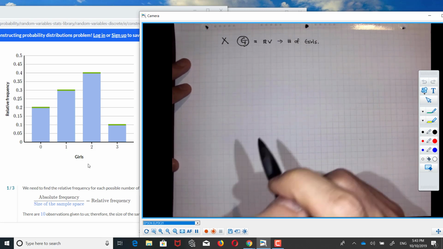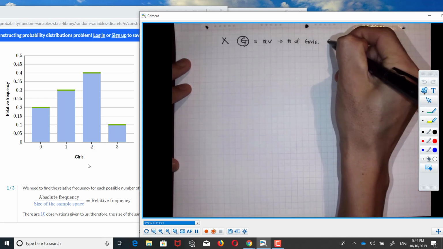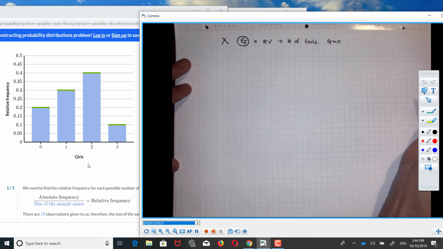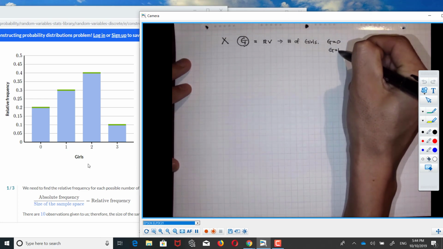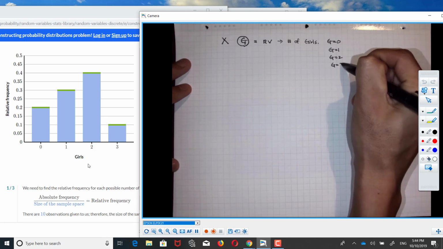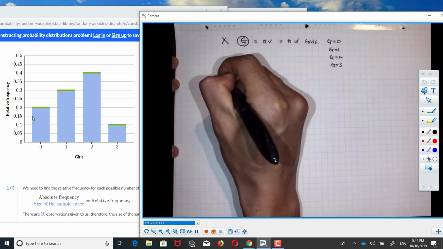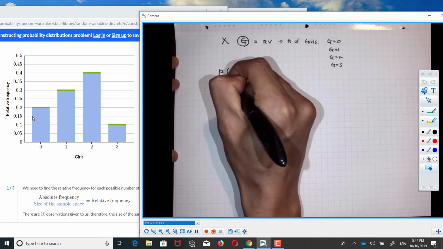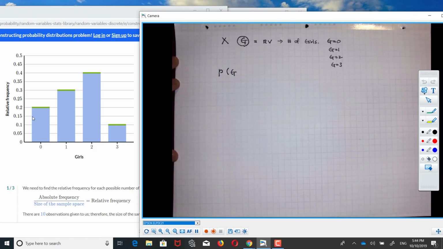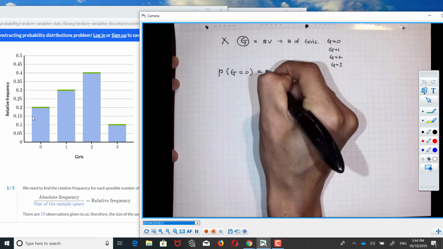So we know that the value of this random variable could be 0, or 1, or 2, or 3. If you look at the first case, 20%, we can represent this as the probability that the random variable G is equal to 0 is 0.2.